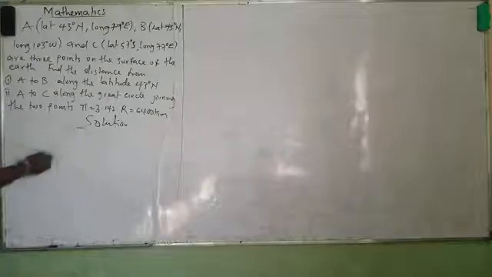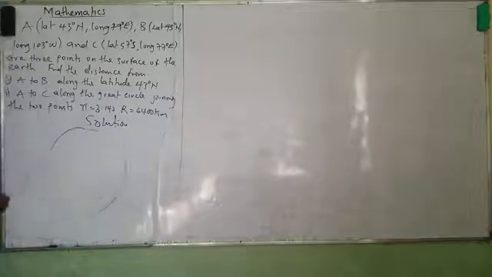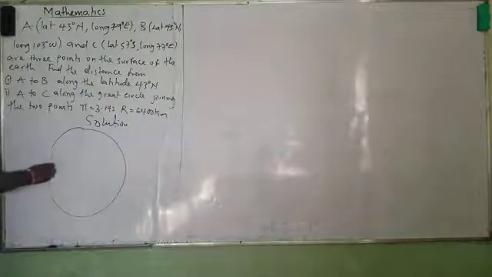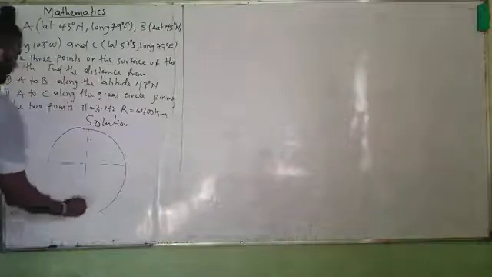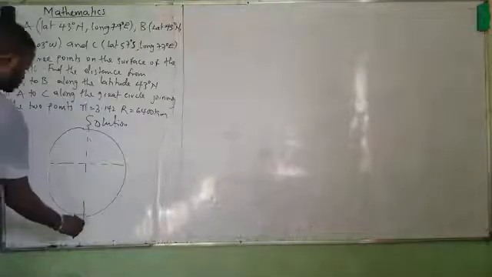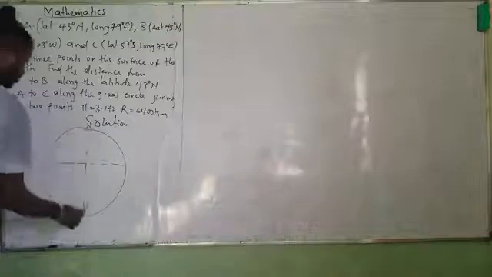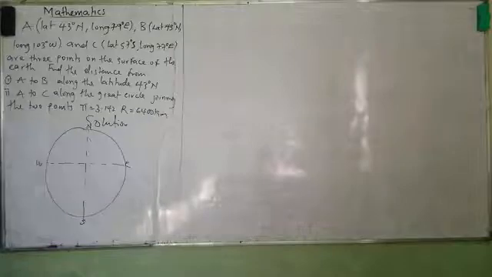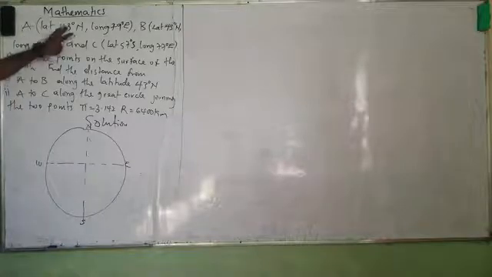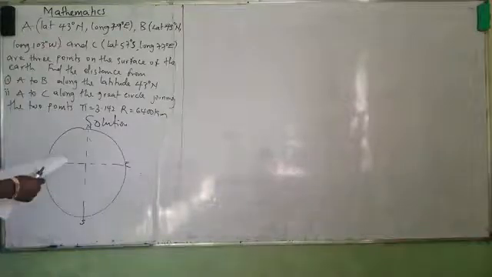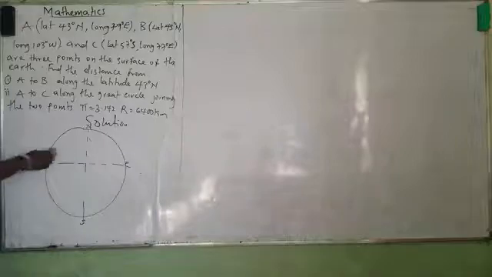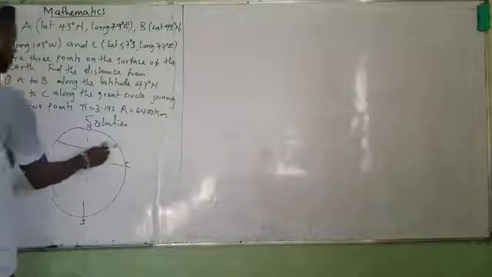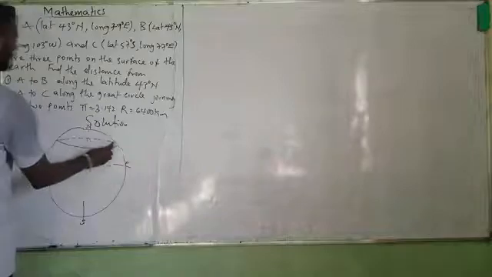I will draw like this. Very important, and don't forget, it's very important. North, south, west, east. Now, I just want us to understand something. This is very, very important. The first one is 43 degrees north.